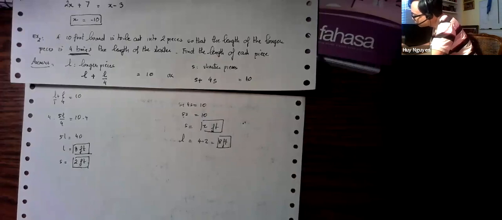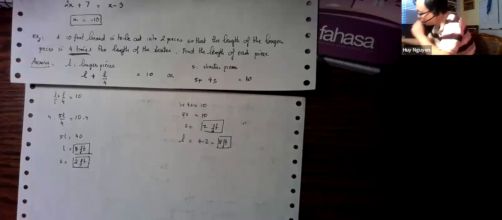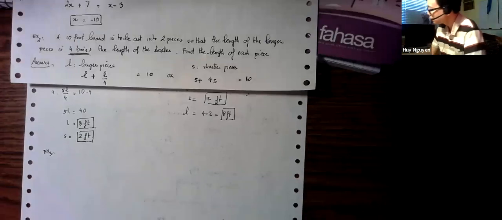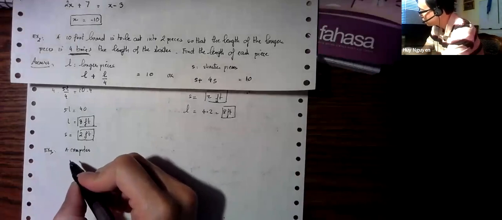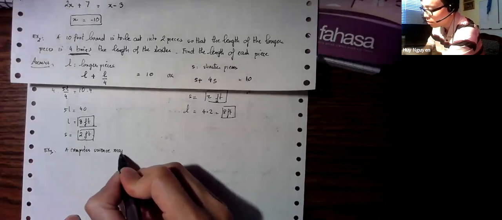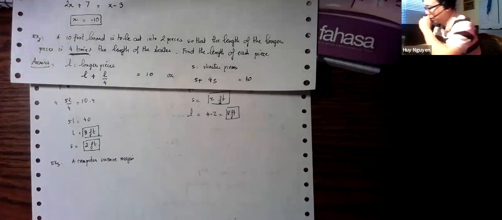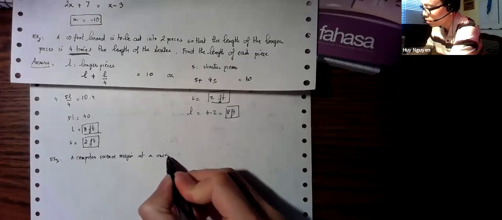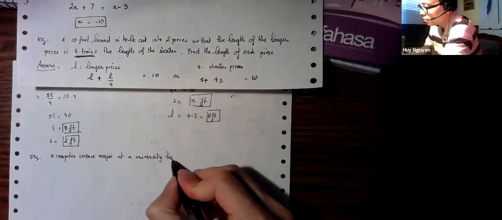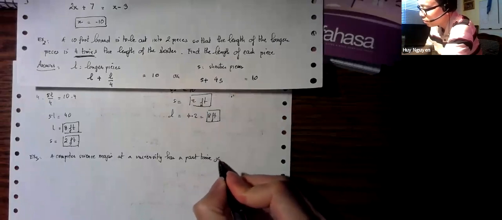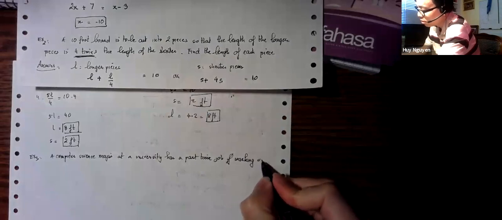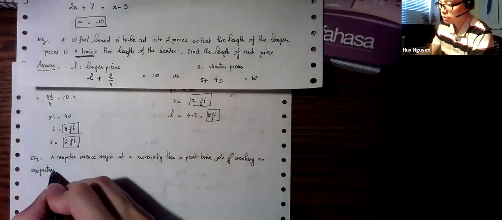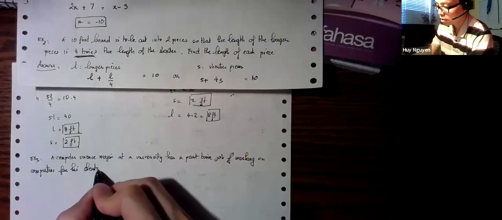How about this one? Example 4. A computer science major at a university has a part-time job working on computers for his client.